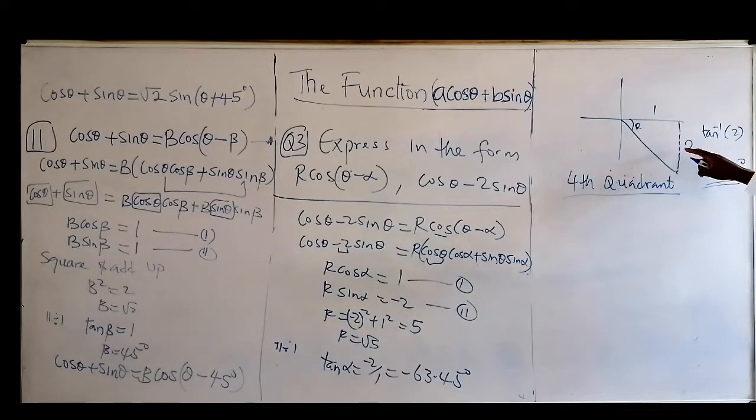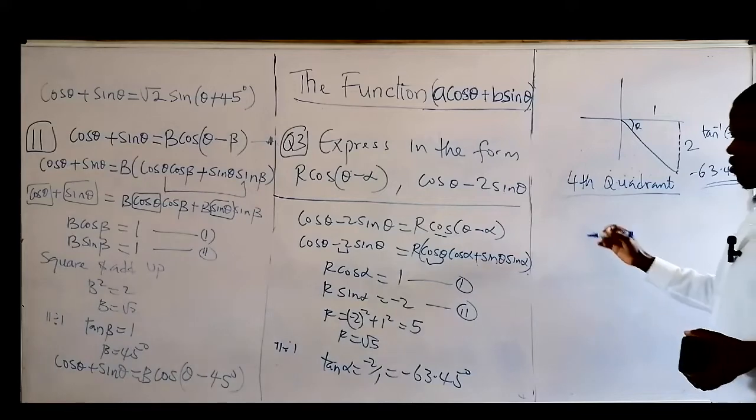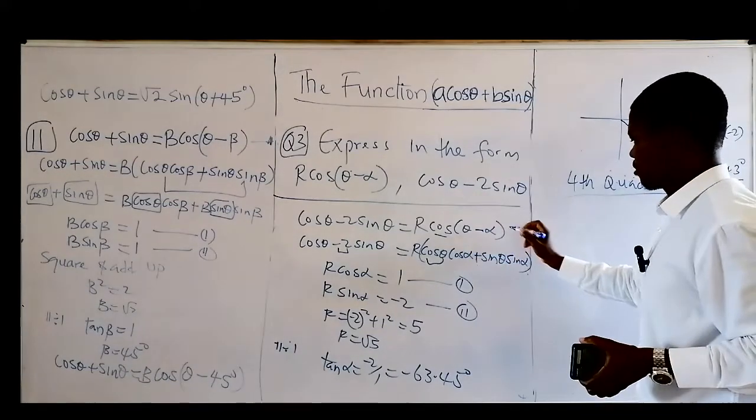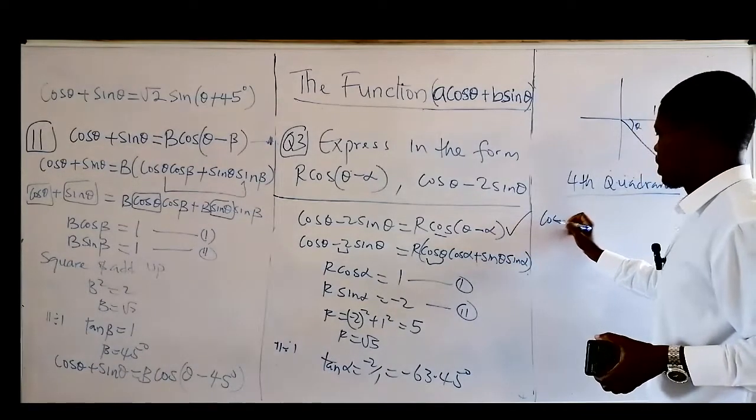We need to indicate the position of this, so that will be arctan minus 2, which is down. So it's the fourth quadrant. Then we can go back and substitute what we've gotten.